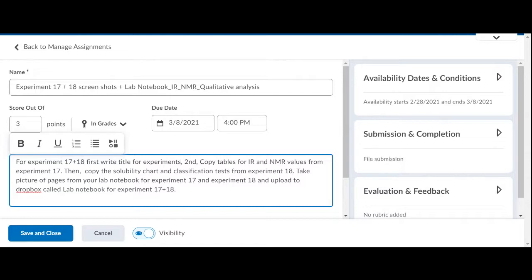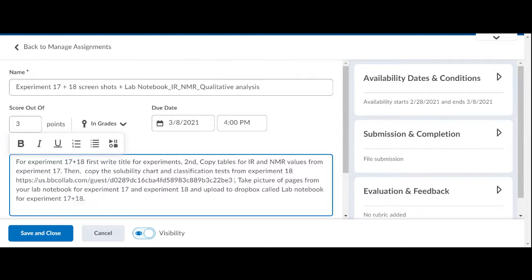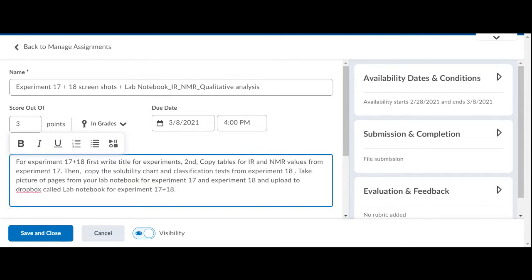Copy the table for IR and NMR values from experiment 17. I have to check the page numbers.